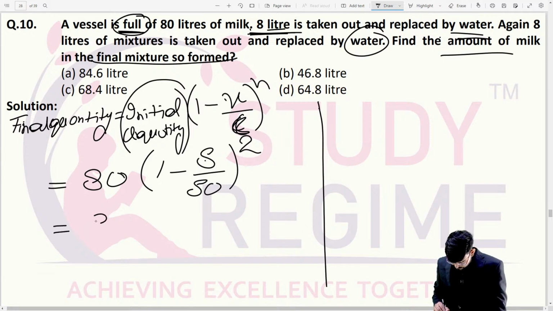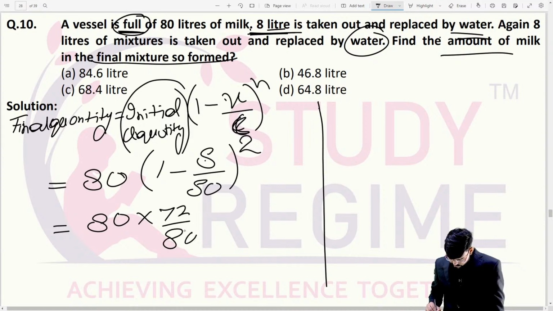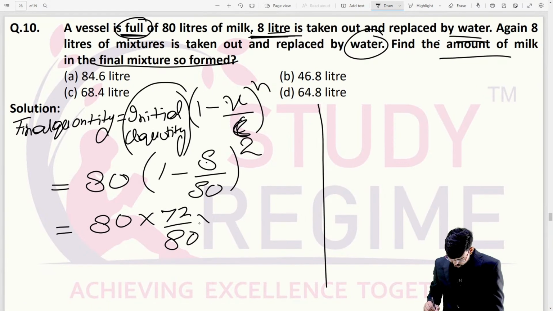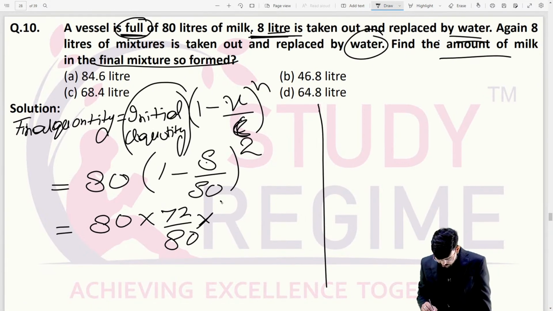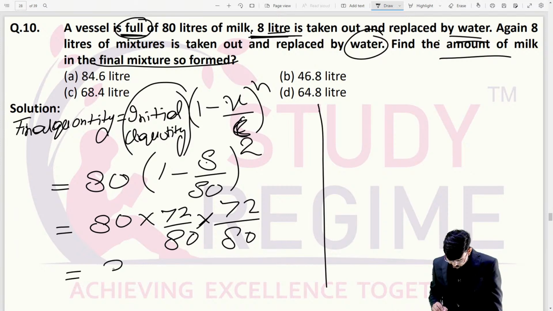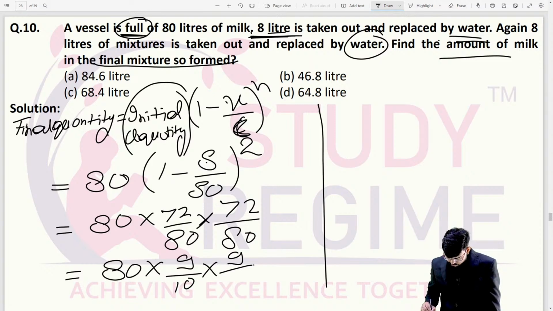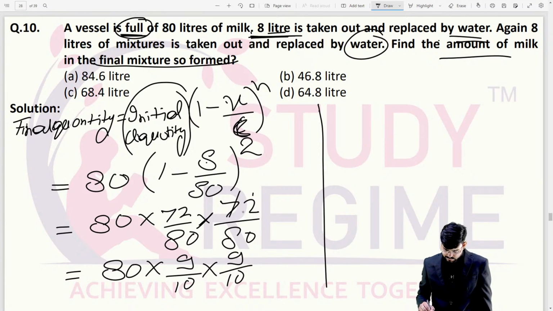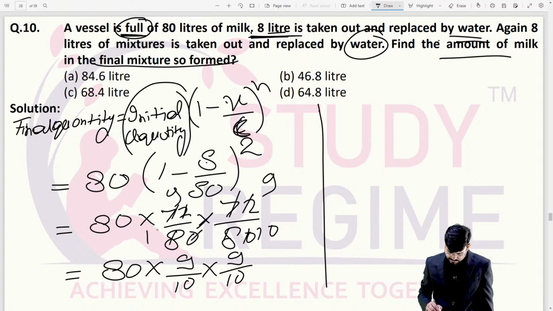Let's see what it comes. 80 into (1 minus 8 by 80) whole square. Okay, just simplify it first. After simplifying you will get 80 into 9 by 10, 9 by 10.